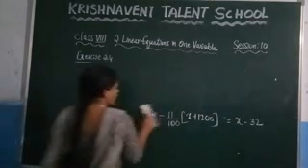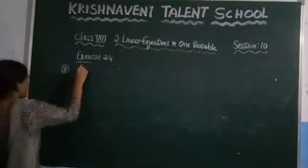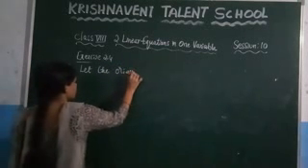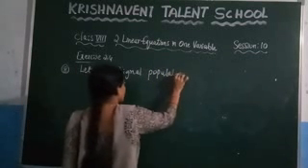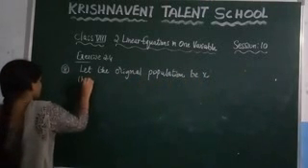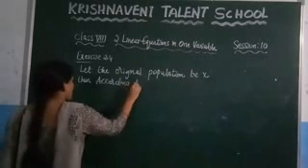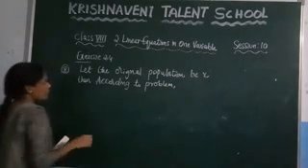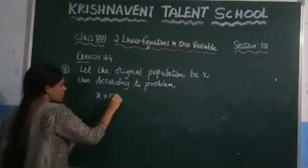So here, what they have given. Write the solution. Take the question. Let the original population be x. Then, according to the problem, the original population is increased by 1200 people, so it will be x plus 1200.